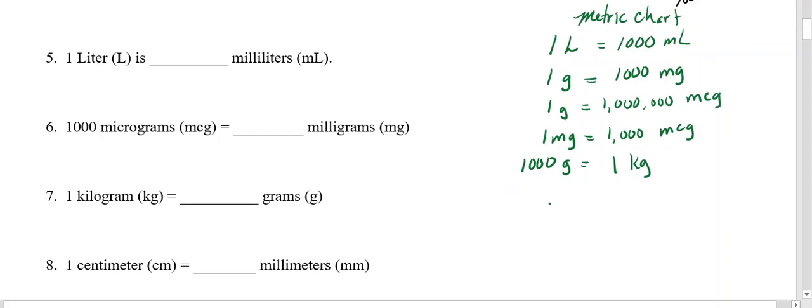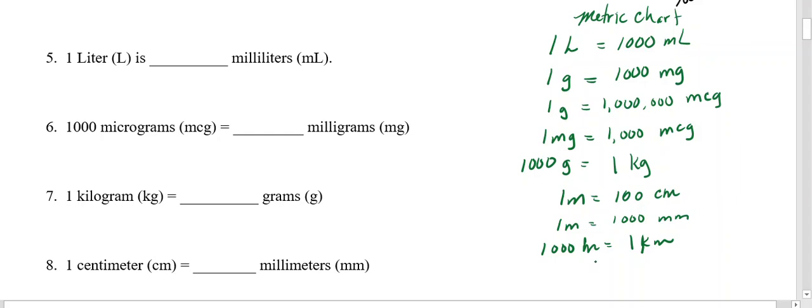And then let's look at our meters. 1 meter equals 100 centimeters. 1 meter is equal to 1,000 millimeters. 1,000 meters is equal to 1 kilometer.